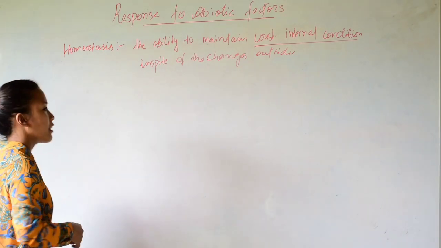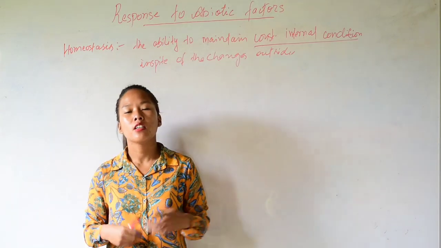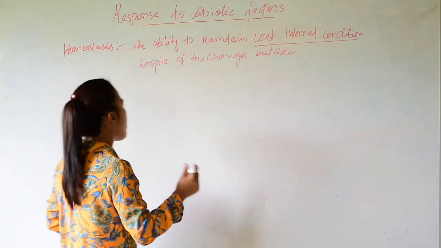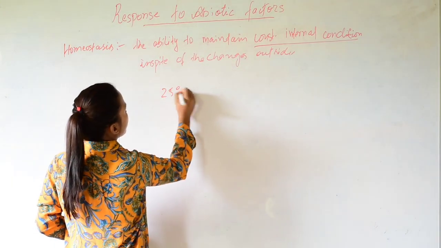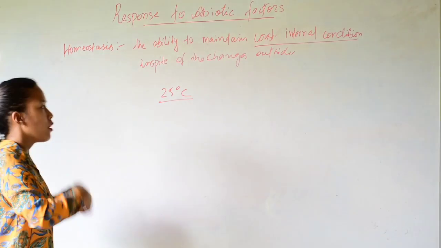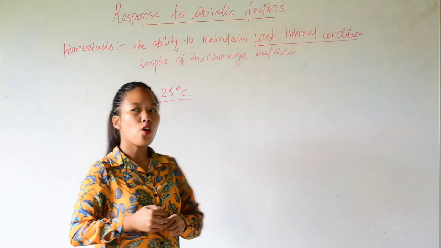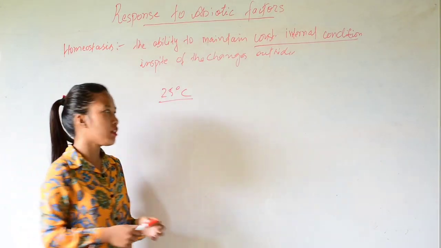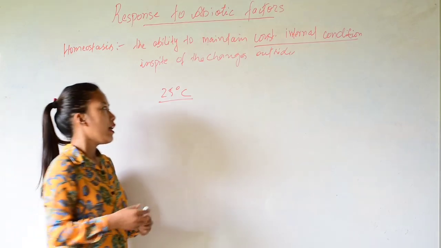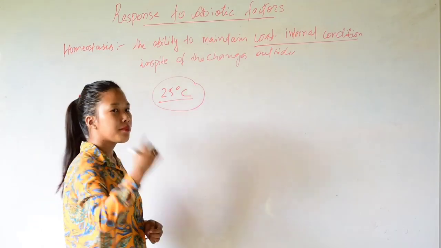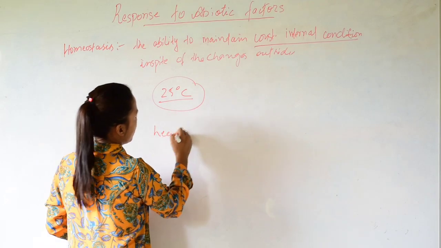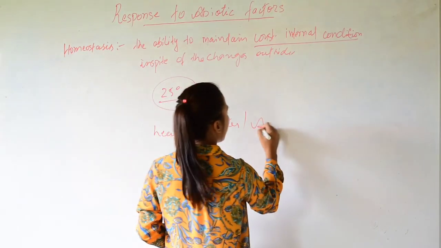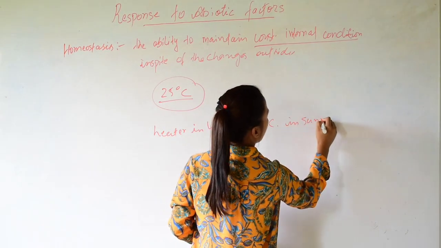So let us take an analogy to understand this concept. Suppose there is a person who is able to perform his best at 25 degrees Celsius, and he wishes to maintain it. When it is very hot in summer and very freezing cold in winter, this person will be able to achieve this temperature by using a heater in winter or an air conditioner in summer.